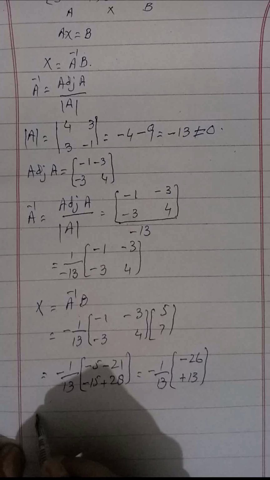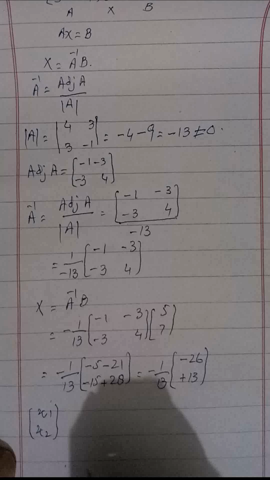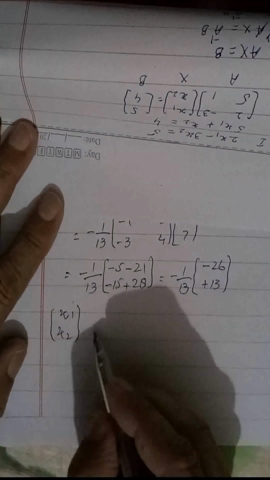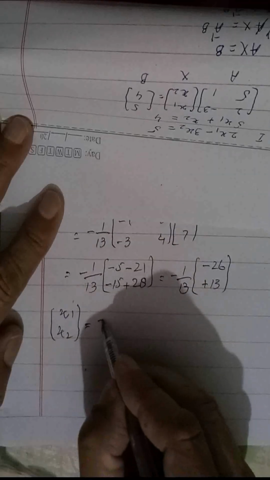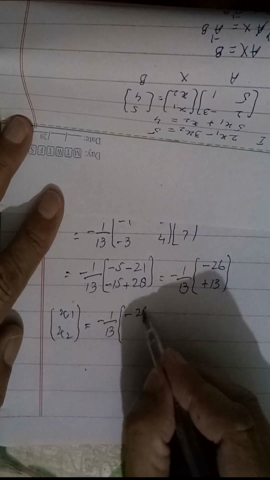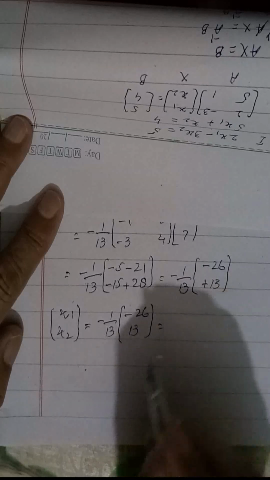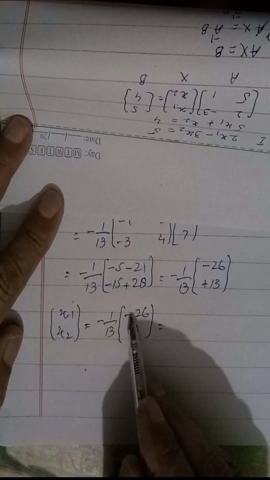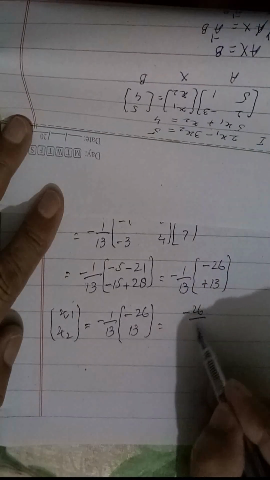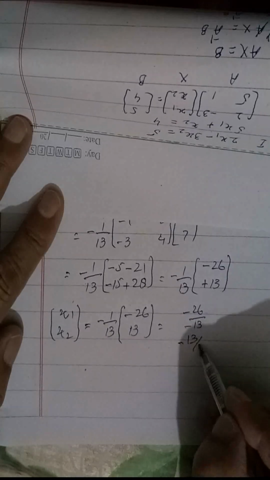Now x, which is x1, x2, is equal to -1 over 13 times [-26, 13]. Now multiply 1 over 13 with -26 and 13, we get -26 over -13 and 13 divided by 13.